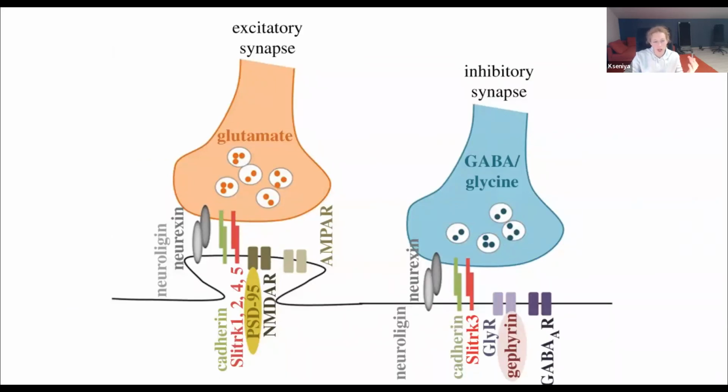There are a lot of molecules in synapses, membrane proteins, and so on. This is just a simple diagram, but in fact there are many more. For example, there are some special molecules like neuroligin and neurexin for connecting different types of synapses.